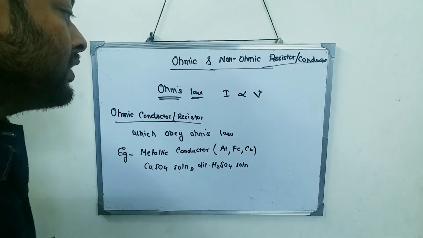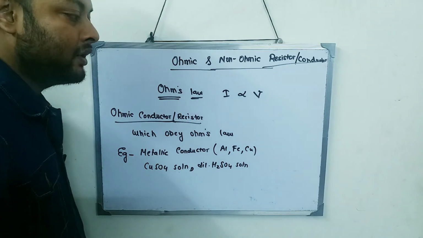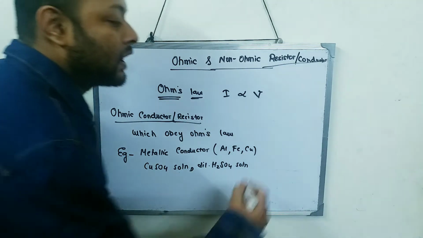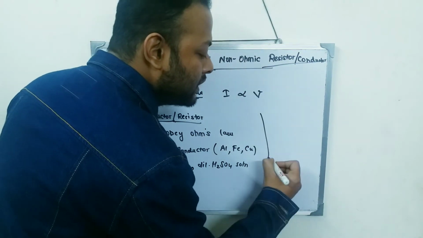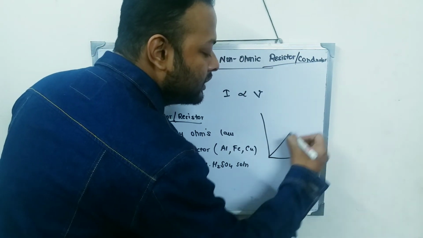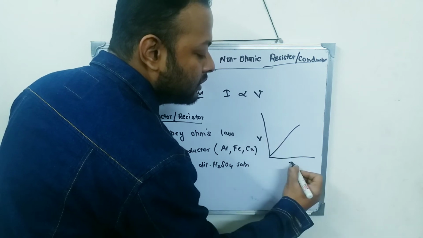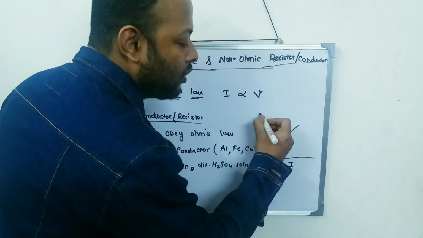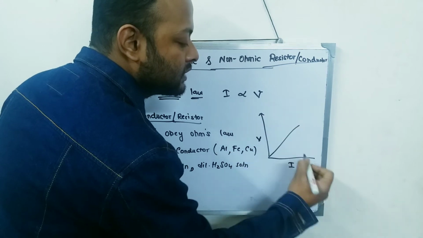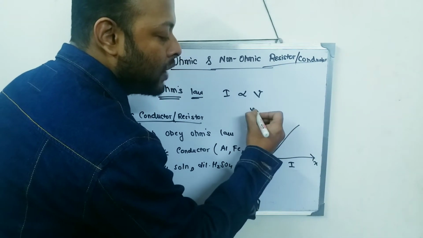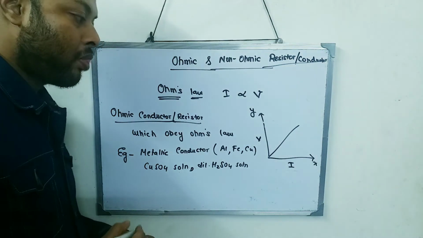Now, in the previous video, I explained something about the graph. The graph of an ohmic conductor is something like this. Suppose this is V, this is I. On the x-axis we take current and on the y-axis we take voltage.